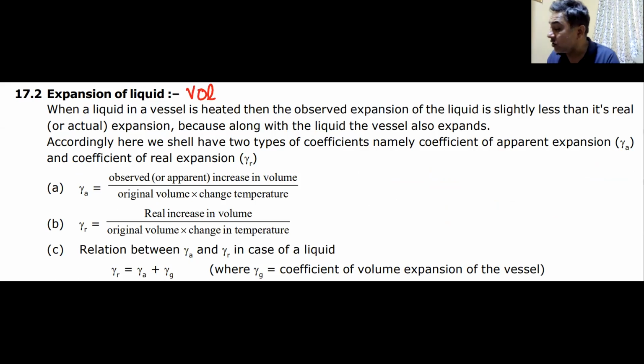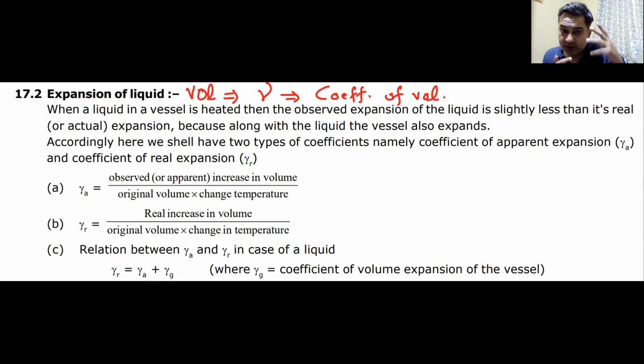Liquids only have volume expansion, so they only have one coefficient, which is gamma, which is the coefficient of volume expansion. Please raise your hands so that I understand that we understand this.